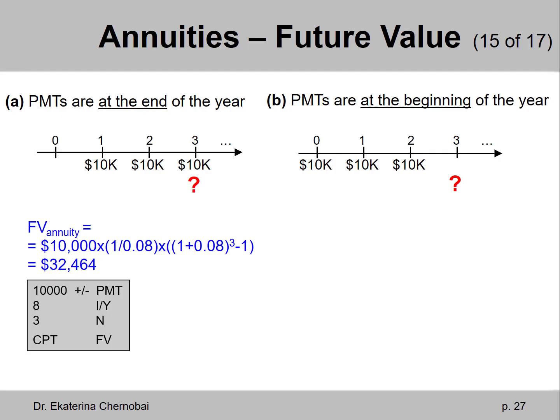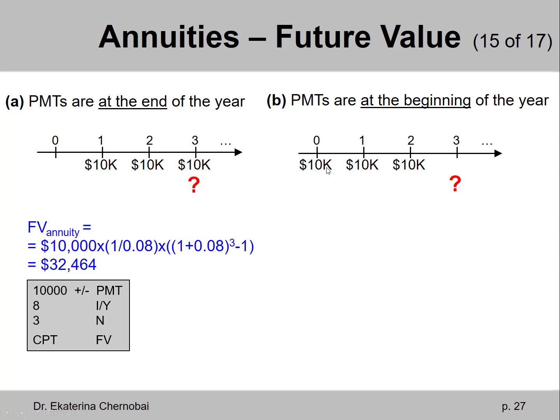And now the second case, case B. Let's see what's going on here. Everything is 1 year sooner, right? Do you think it makes a difference for the combined future value? Of course. Every single one of these $10,000 cash flows will earn interest over an extra year, right?